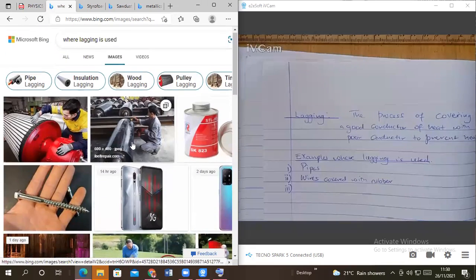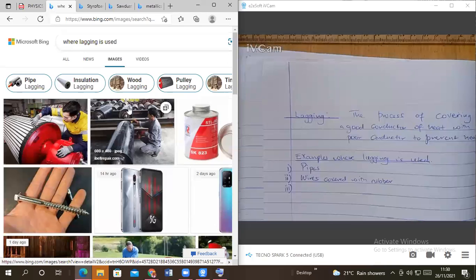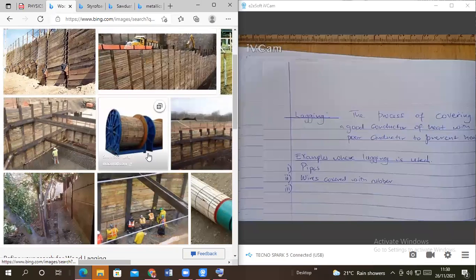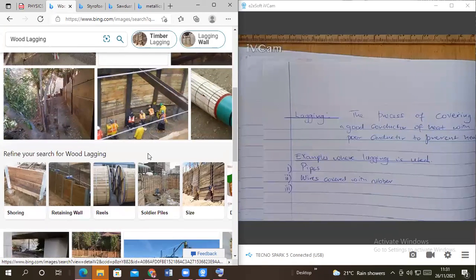Okay, pipes, we have seen them. There is wood lagging. Normally they cover different materials with wood.